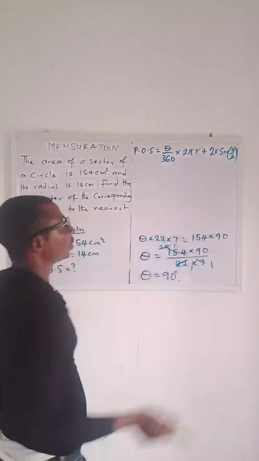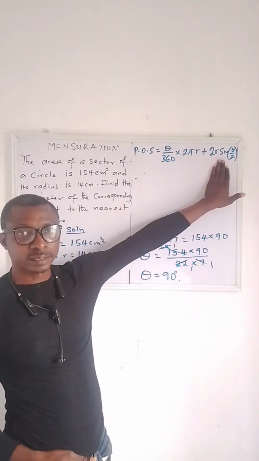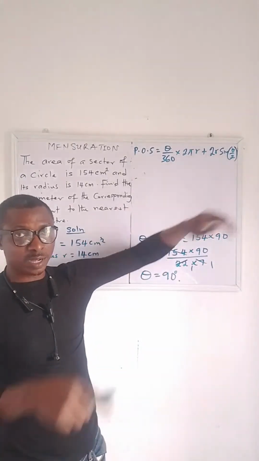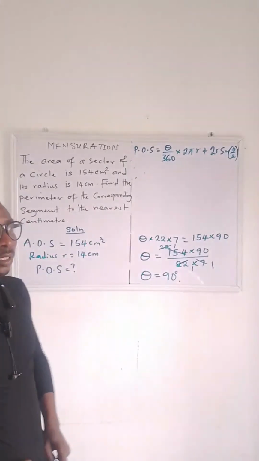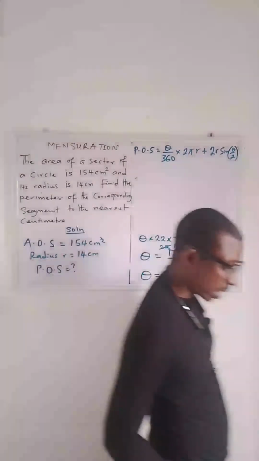So we have the length of arc and the length of chord. When you add everything together, it gives you the perimeter of a segment.